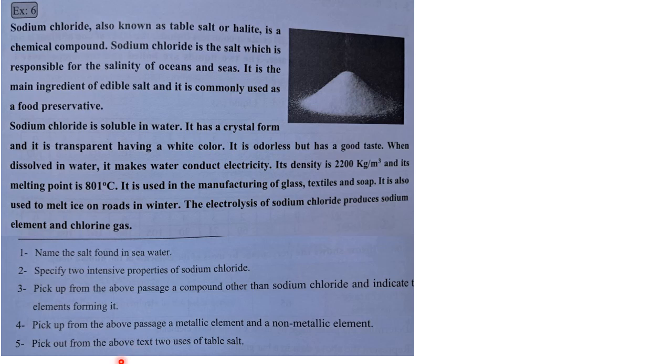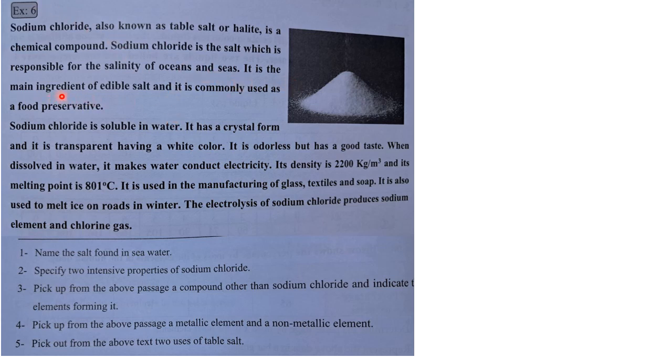Now, exercise 6, it's also on page 23. Sodium chloride, also known as table salt or halite, is a chemical compound. Sodium chloride is the salt which is responsible for the salinity of oceans and seas.